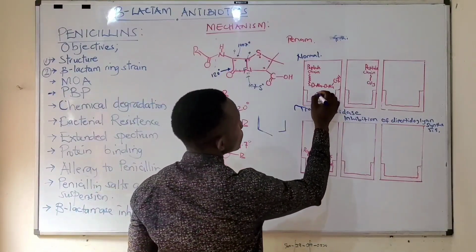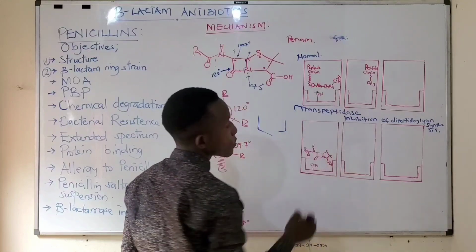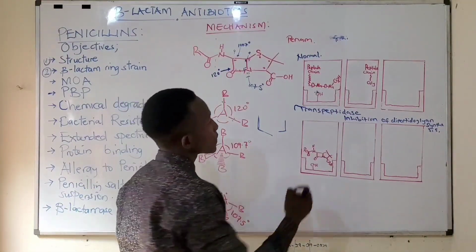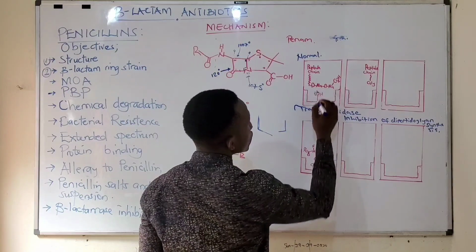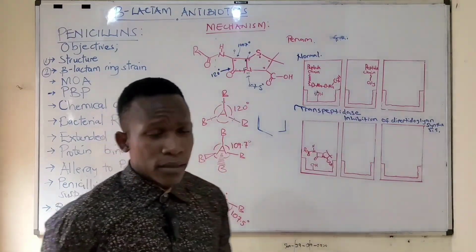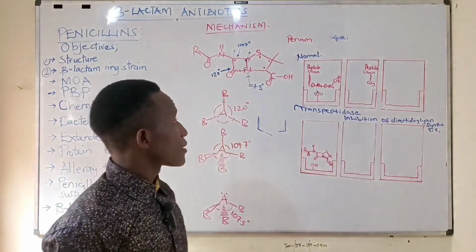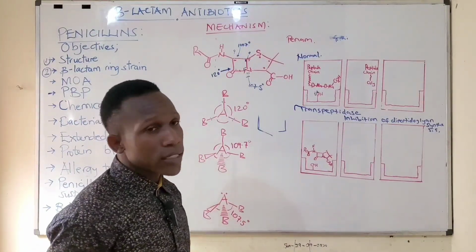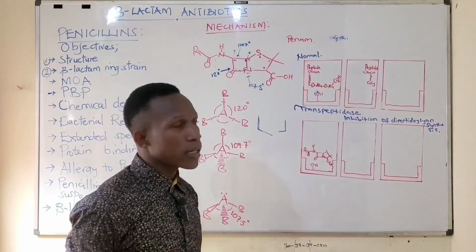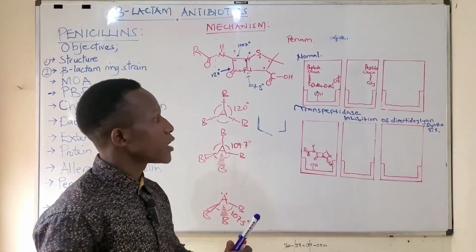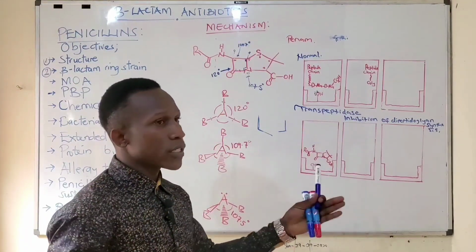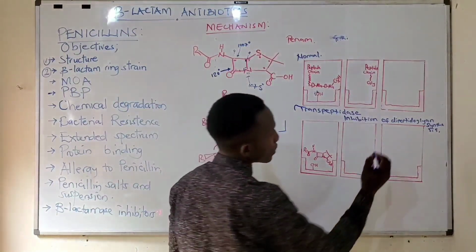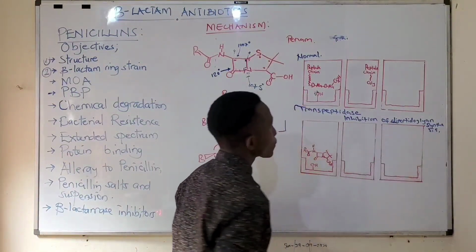So this OH, we know that enzyme is responsible for the synthesis of the peptidoglycan. It will cleave the D-alanine. If the D-alanine is cleaved, the remaining D-alanine will combine with the glycine to form a bond such that we get the two chains together, the dipeptidoglycan. This di meaning two.